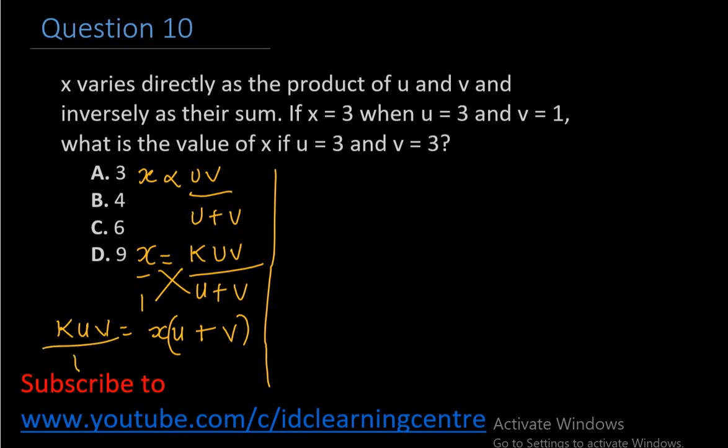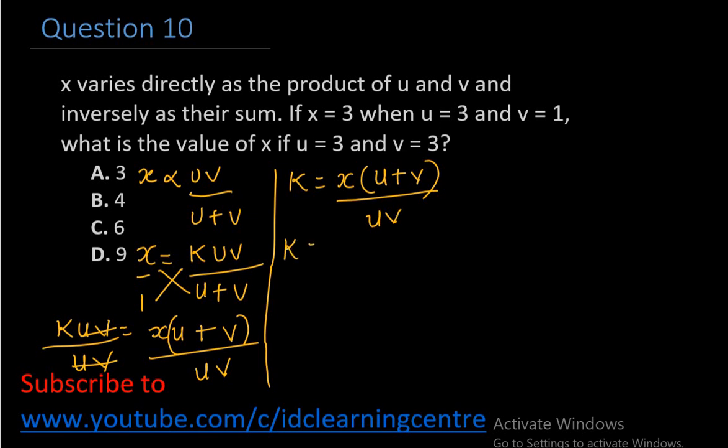To get K, you divide both sides by UV. So UV cancels UV, and K equals X bracket U plus V, close bracket, over UV.